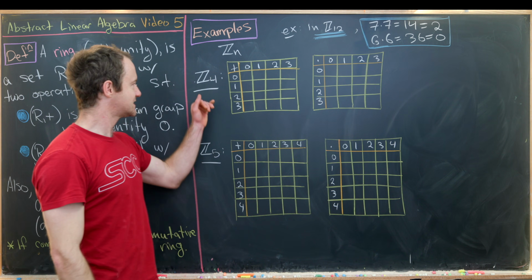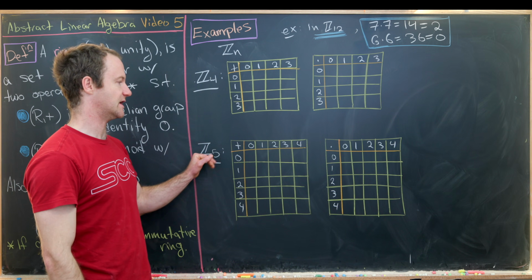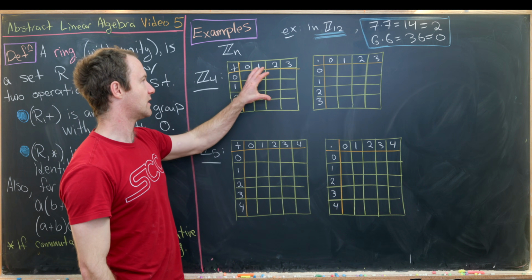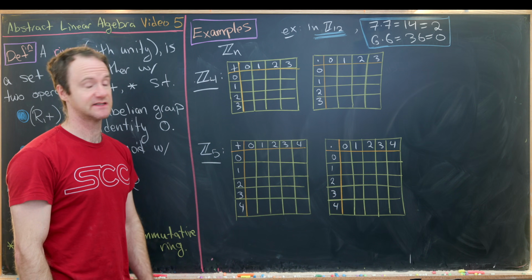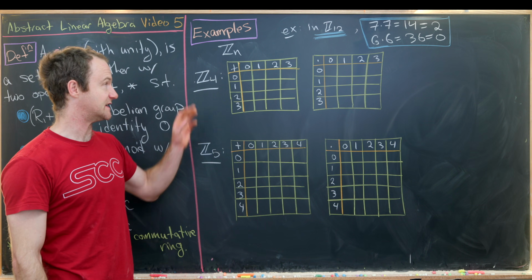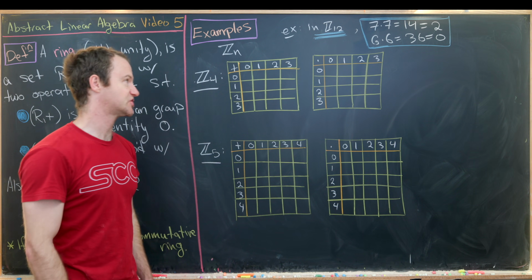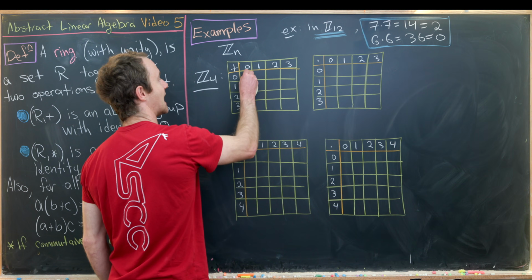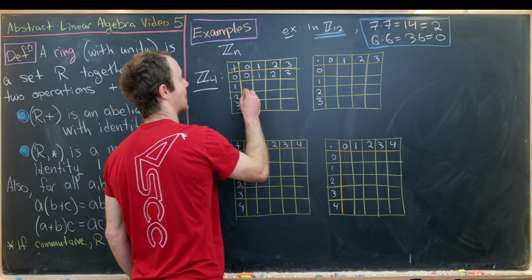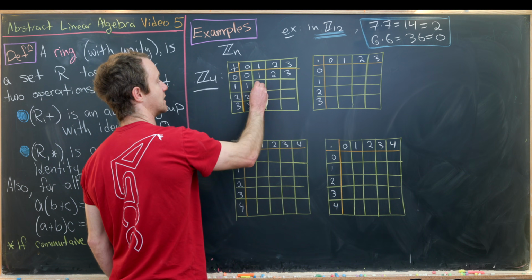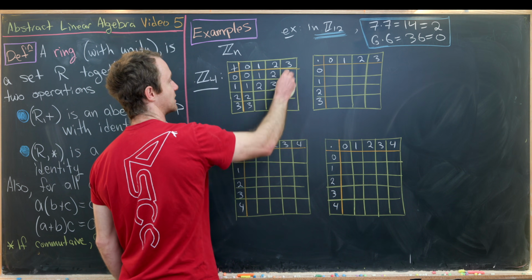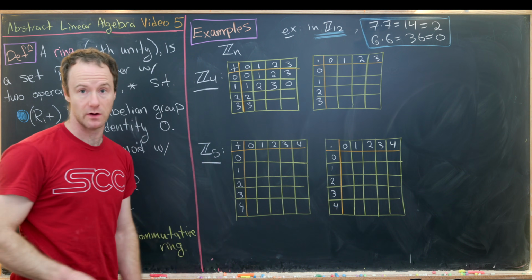Okay, so let's take a couple of small values of n and compute full addition and multiplication tables for every element in each of these sets. Let's start with Z4. The addition table is pretty easy. 0 is the additive identity, so we can just copy these down: 0, 1, 2, 3. 1 plus 1 is 2. 1 plus 2 is 3. 1 plus 3 is 4, but that's equal to 0.